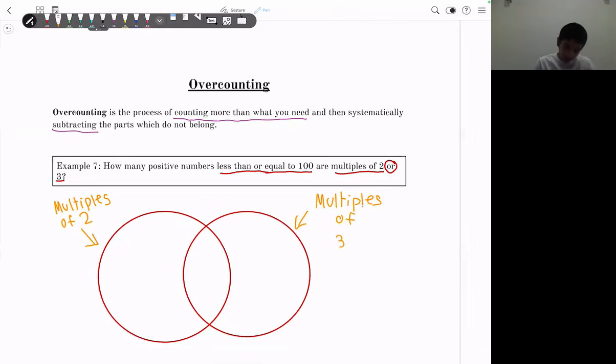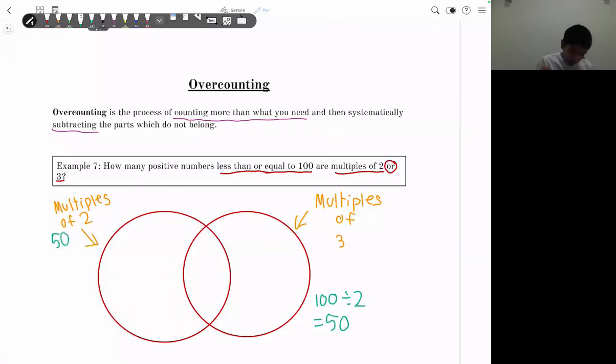Let's first find the number of multiples of 2. That is just 100 divided by 2, which is 50, because there is a multiple of 2 every 2 numbers. So there are 50 multiples of 2.